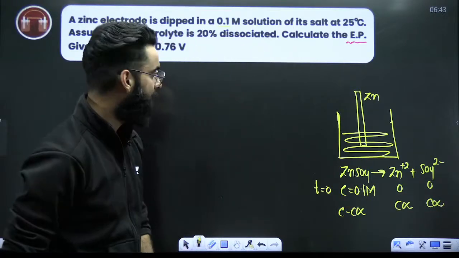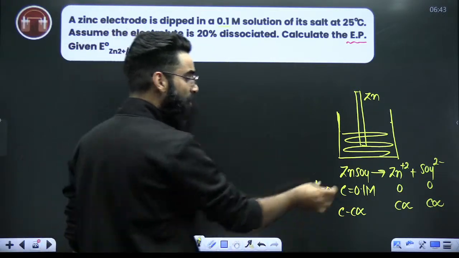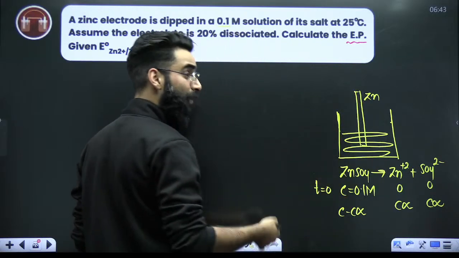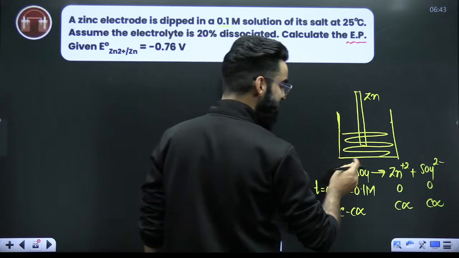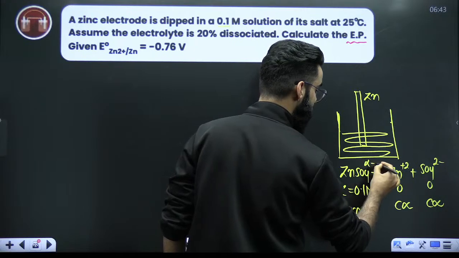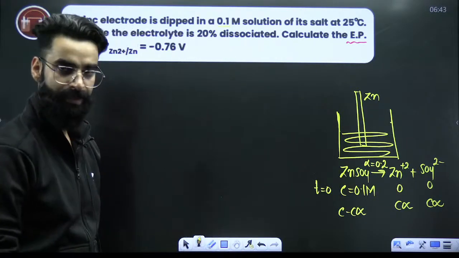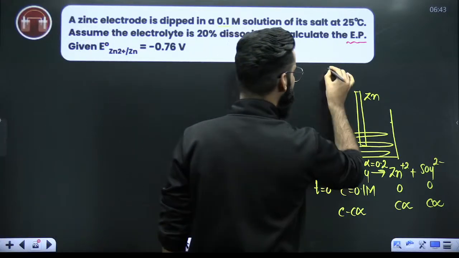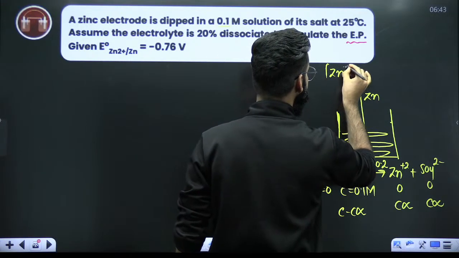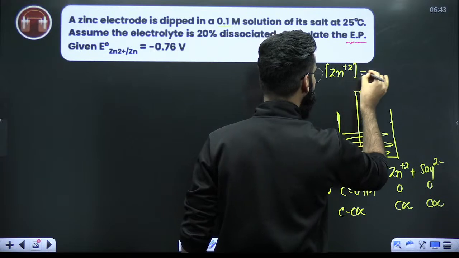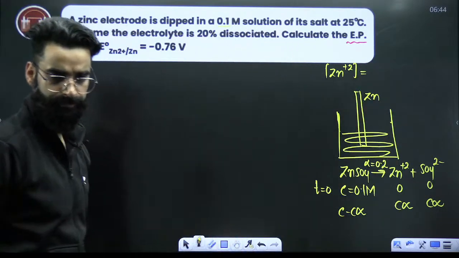Now, how much percentage of zinc sulfate should get dissociated? 20%. If 20% is getting dissociated, that means alpha value is 0.2. Correct? So tell me, what will be the concentration of zinc di-positive in the container when 20% electrolyte is dissociated?